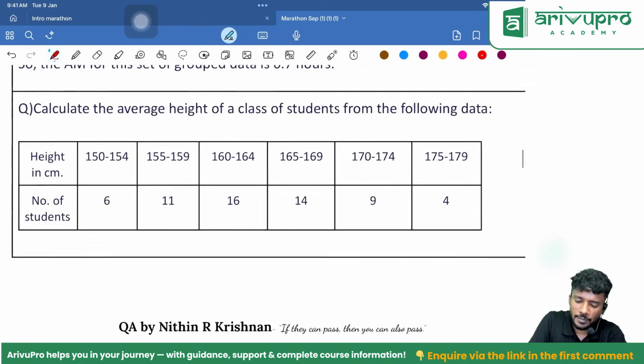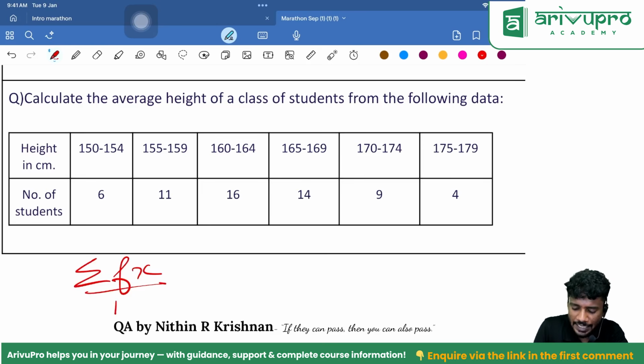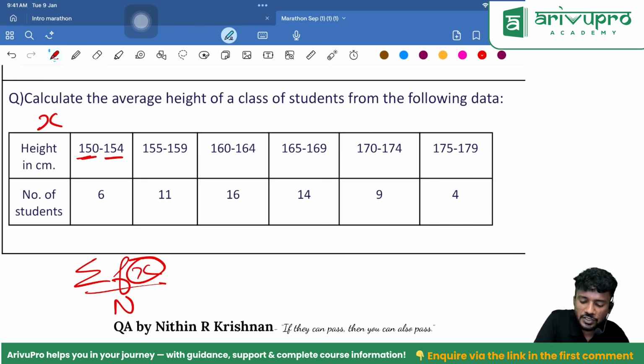Now coming to this question. Get me the arithmetic mean of this, the average mean of this. In sigma fx divided by n, what is this x? Whenever it is a continuous class interval, you will take the mid value. So the x value of this will be how much? 150 plus 154 divided by 2.